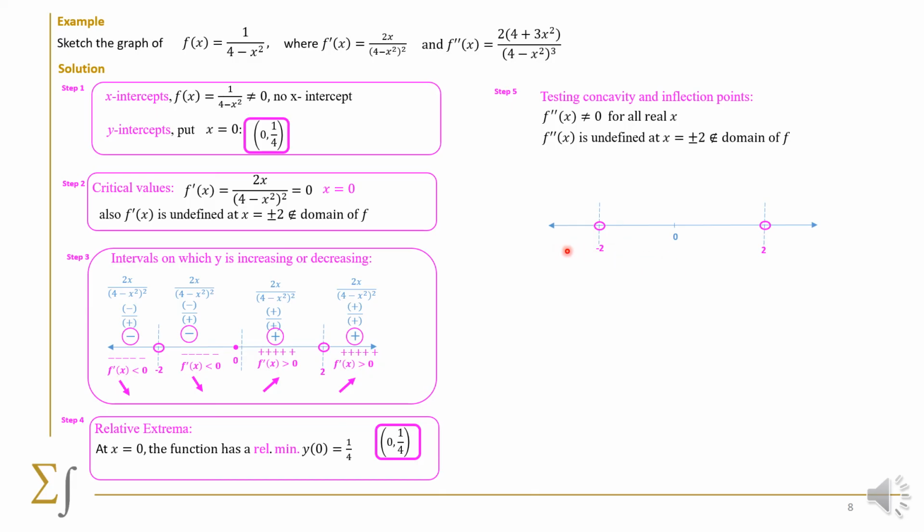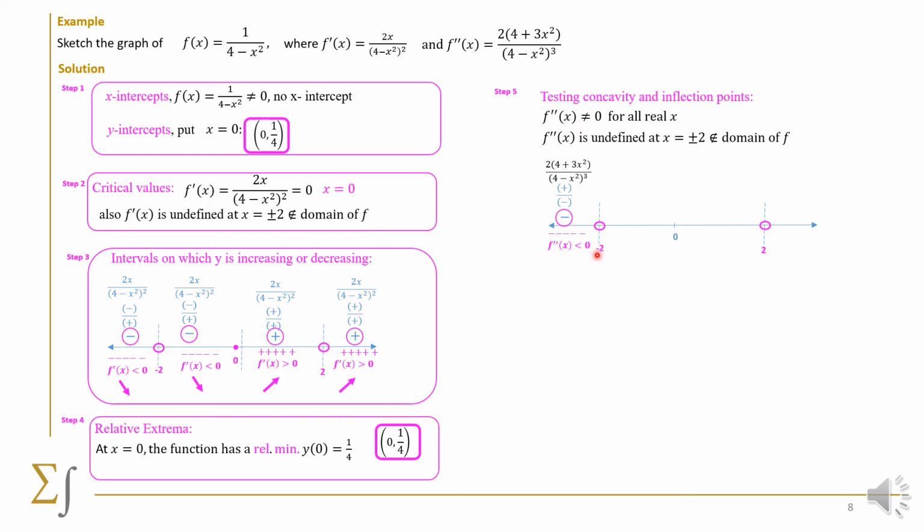To the left of minus 2, from minus infinity to minus 2, we take any test point. We have a positive numerator and a negative denominator, so the whole thing will be negative. The second derivative is negative on the interval from minus infinity to minus 2, telling us that the function is concave down on this interval.